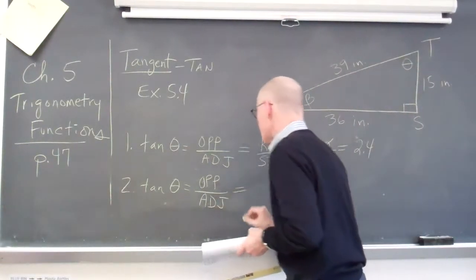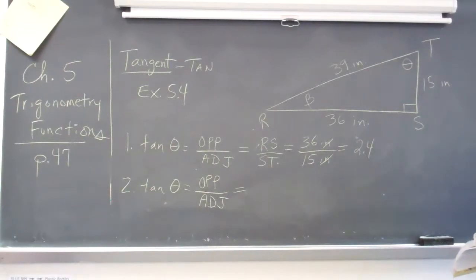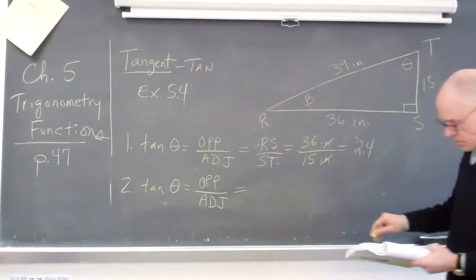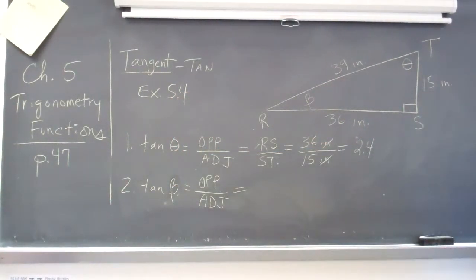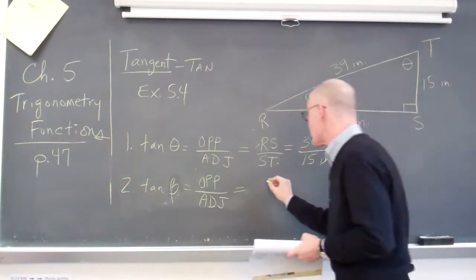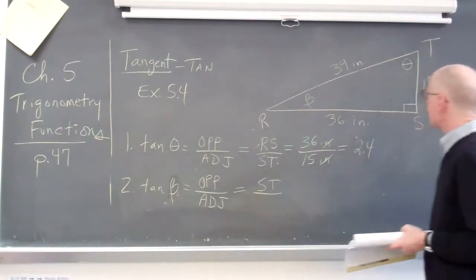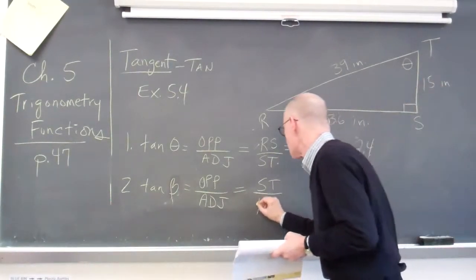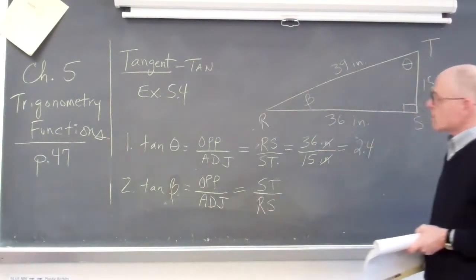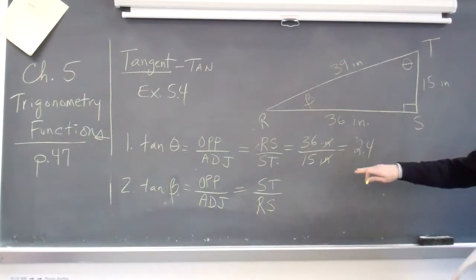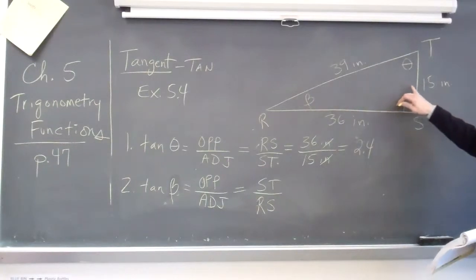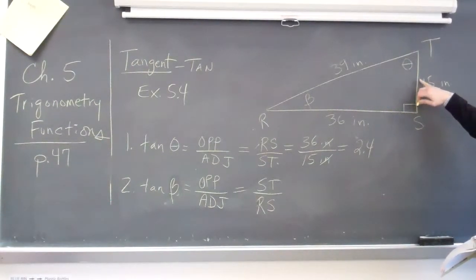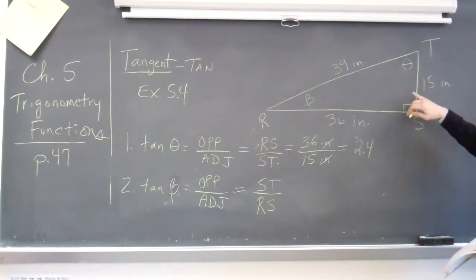And then for the tangent of angle beta, we already did theta. For beta, the opposite side is side ST, and the adjacent side is RS. So now you can see when you calculate the tangent of the two interior angles, they're actually just the inverse of each other, because for angle beta, side ST is opposite, but for angle theta, side ST is adjacent, and vice versa.